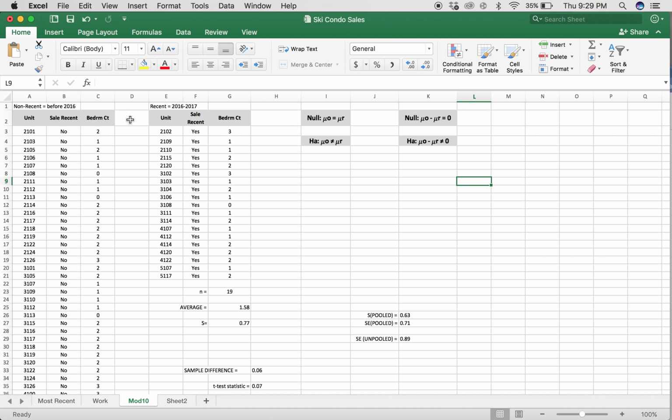When we're looking at this, I know Dr. Barron had said there's potential that these aren't independent, that they aren't completely random, because it's all in the same complex. With bedroom count, I think it gets a little trickier, because bedroom count, from 0, studio, all the way up to 3, is pretty typical everywhere.